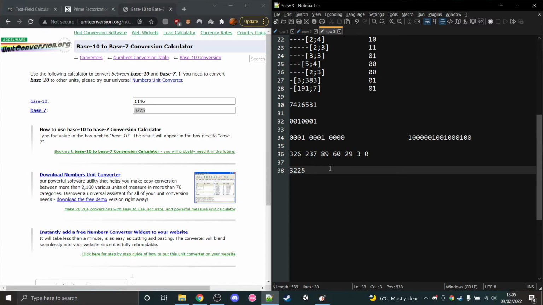Now we need to split this number into pairs, and from here we need to make fractions where the smallest number goes first and the largest number goes second, using these numbers. These numbers here represent any number in sequence, where this one is a 0, this is 1, this is 2, this is 3, 4, 5, 6. So we need to take the second number, or well, the third number, over the fourth number.